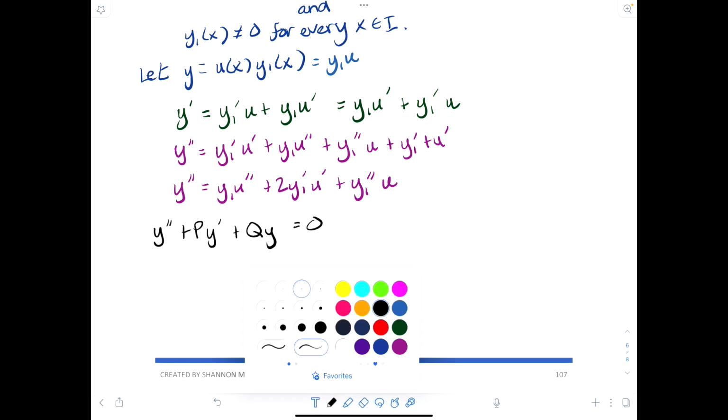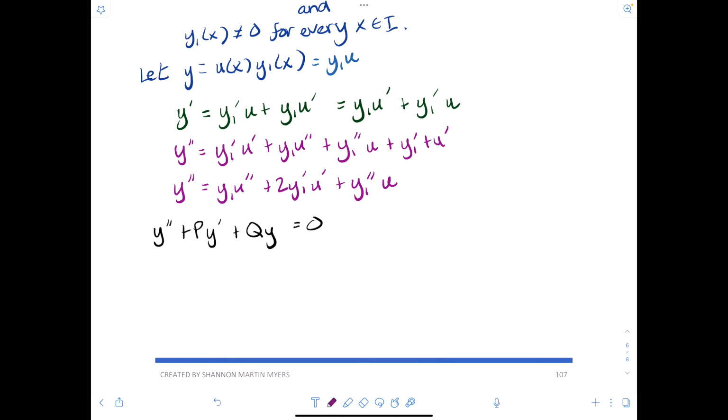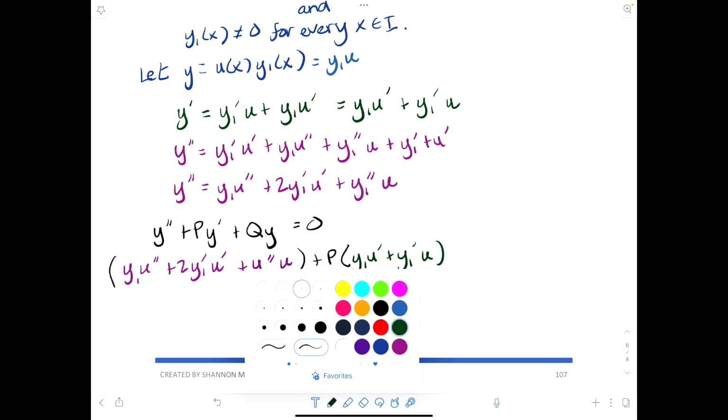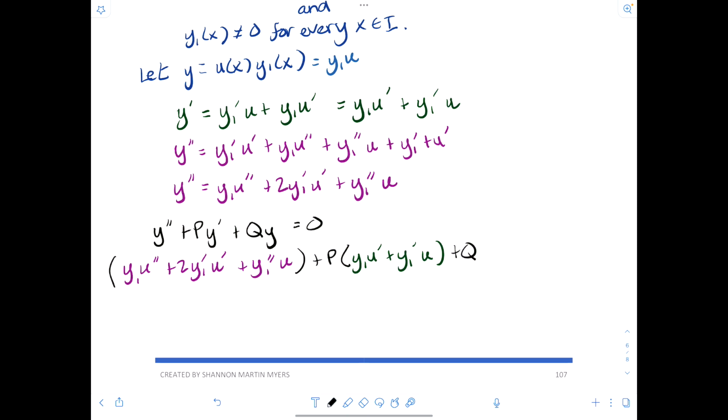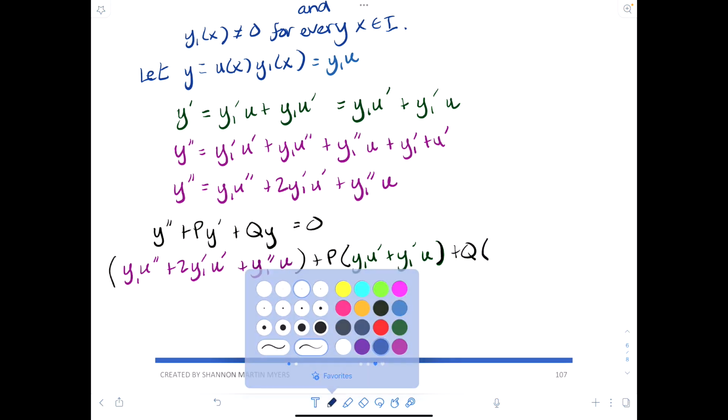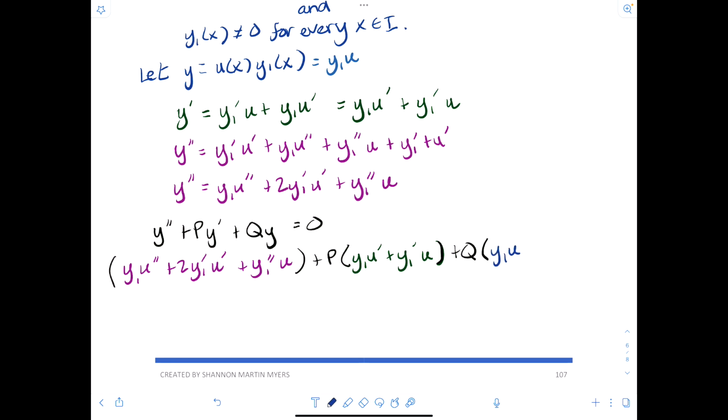So y double prime was what we just got here, y1 u double prime plus 2 y1 prime u prime plus y1 double prime times u, and then plus p times y prime, which we did in the green, and y prime was y1 u prime plus y1 prime u, and then we have plus q times y, and y was, from way back in the beginning, y1 times u. That's all equal to 0.